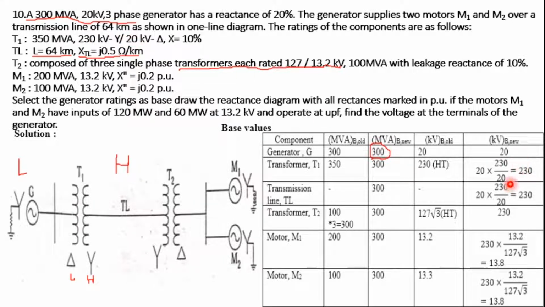So 230 by 20 times 20 gives 230 kV as the new base value.